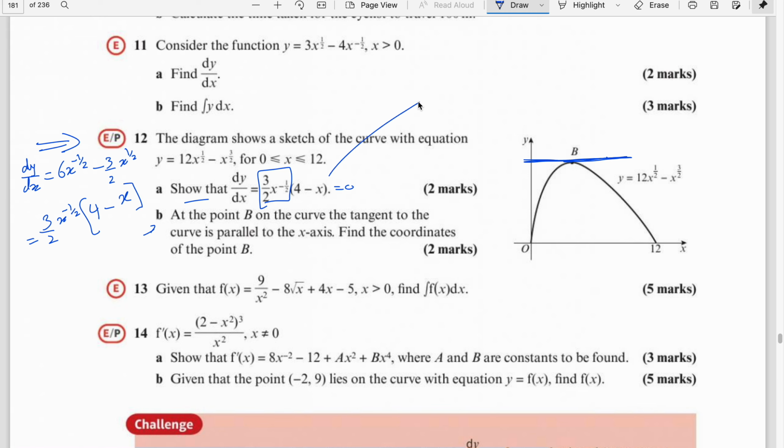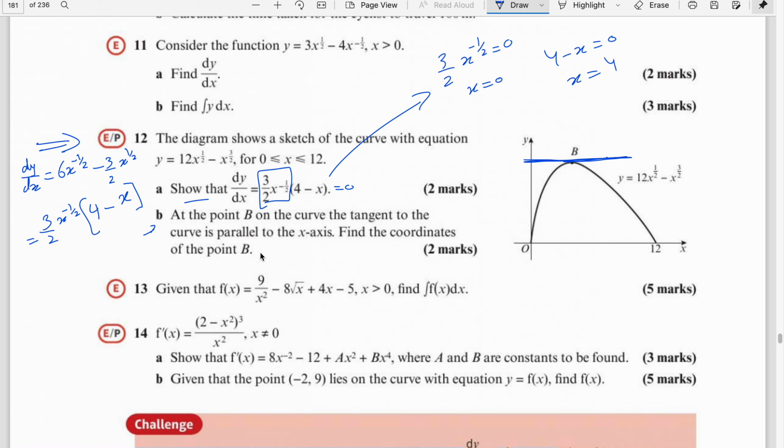Once done, that is 3 by 2 x raised to power negative 1 by 2 equal to 0 first, which is clearly not 0. And on the other side, that is 4 minus x is equal to 0, and x is equal to 4.